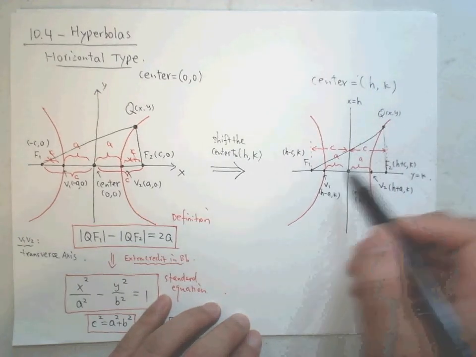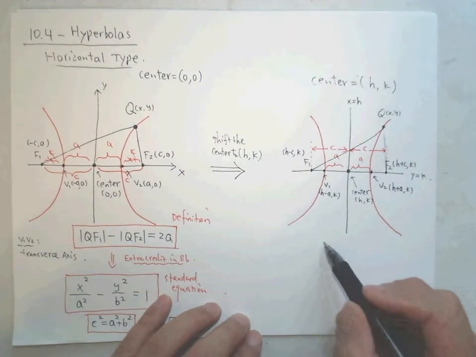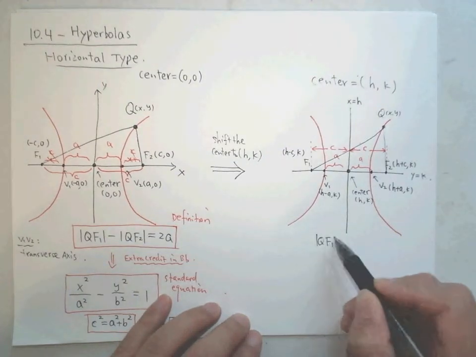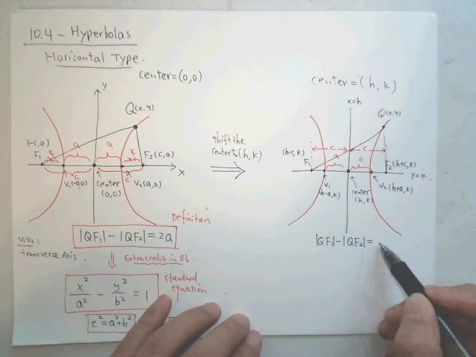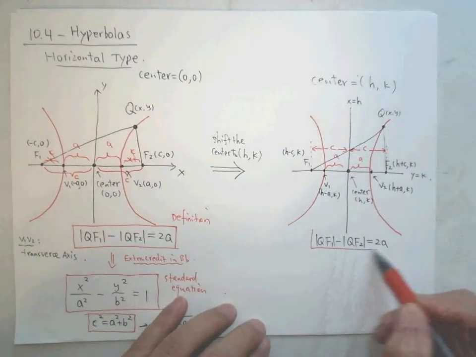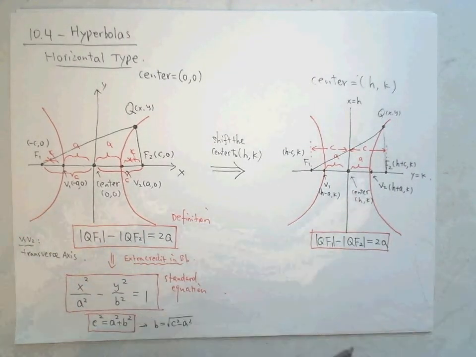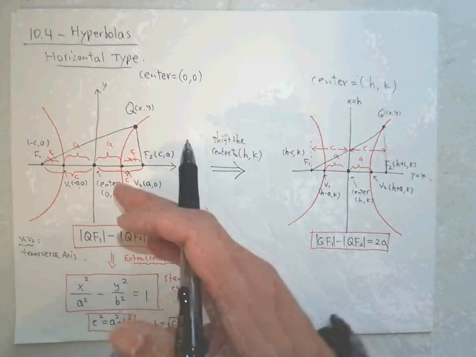This distance minus this distance equals 2a, the length of the transverse axis. So they are the same. I want to look at the distance from Q to F1 minus Q to F2, which equals 2a. No difference from the left. That's the definition.